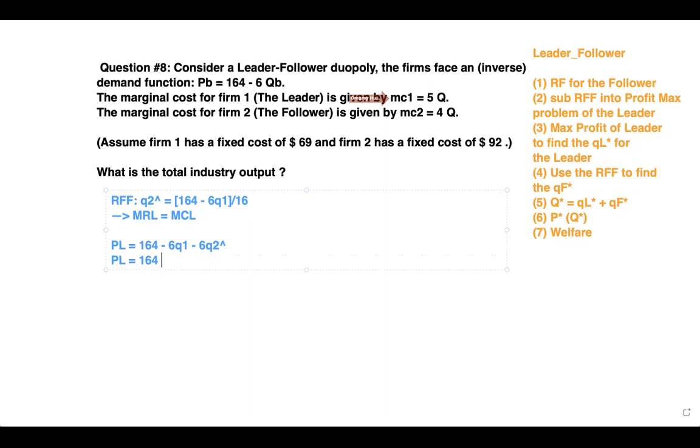But if we start and we substitute in the reaction function for the follower here, then you'll notice that right away we get to a residual demand formulation for the leader that has the residual demand of the leader as a function of only the output of the leader, right?